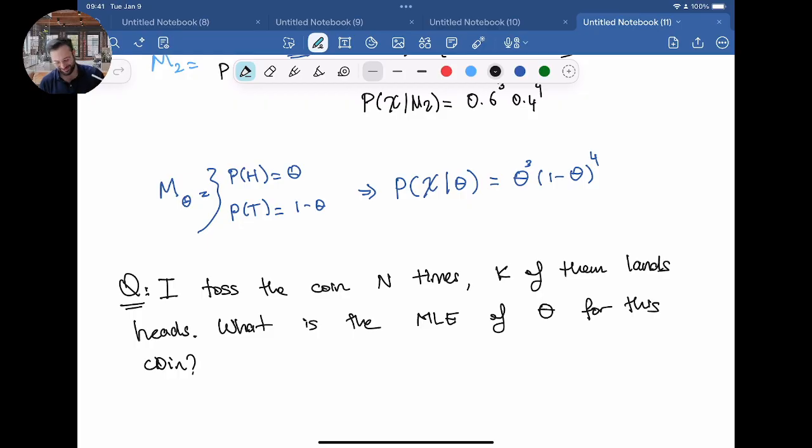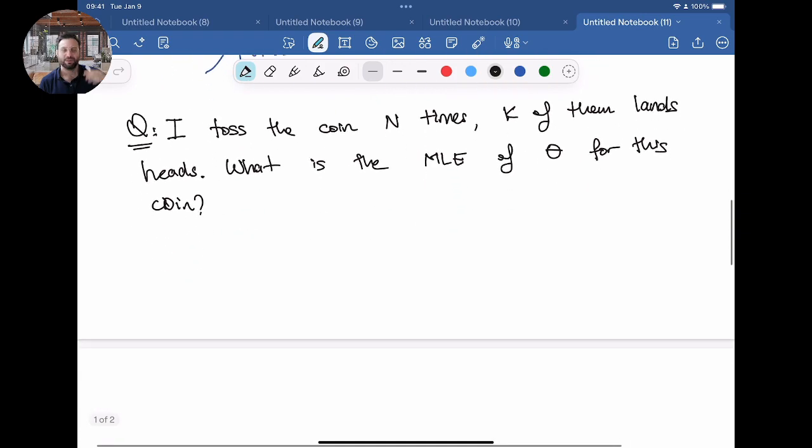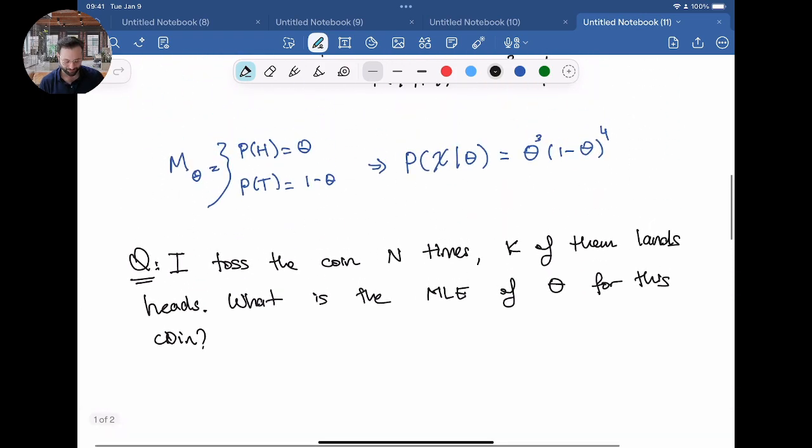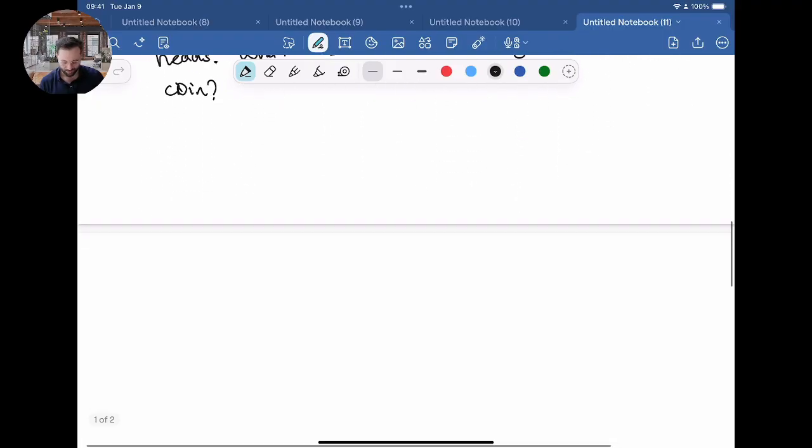This looks like a math savvy question. But remember, all I'm trying to do is to find the best model. In this scenario, I know my likelihood is defined as the probability of X, or my data, given theta.